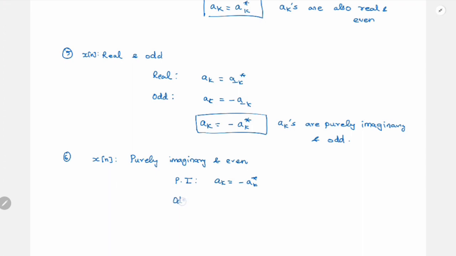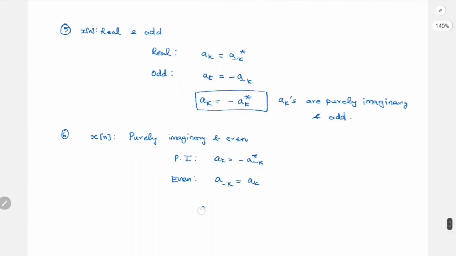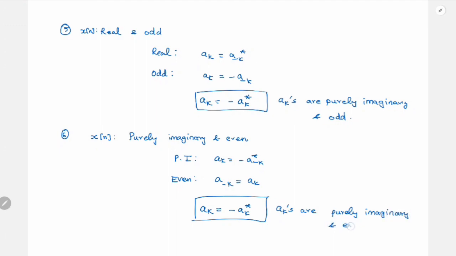For even you have a_{-k} equal to a_k. So this is going to be a_k equal to minus a_k star. So the a_k's are purely imaginary and even.